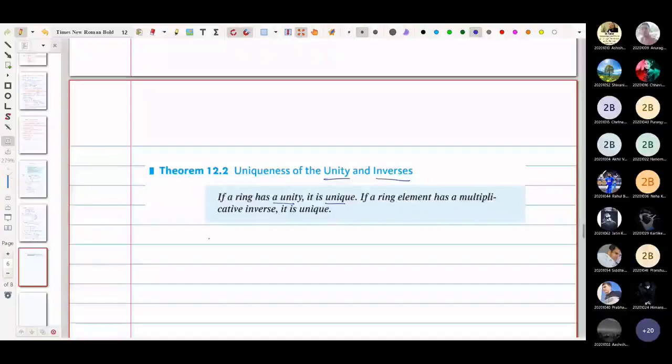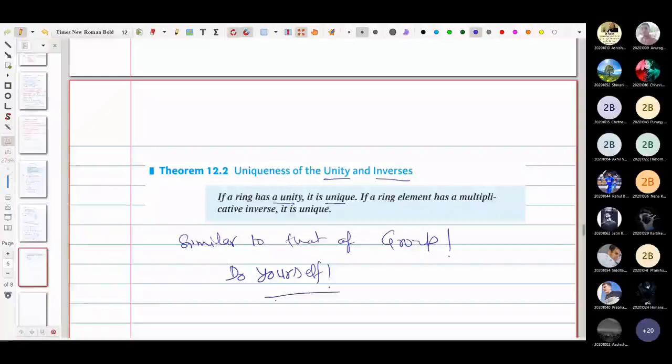So that you can prove. This is very similar to that of a group. The same proof will work here. Do it yourself. So with this, let us conclude the discussion for today.